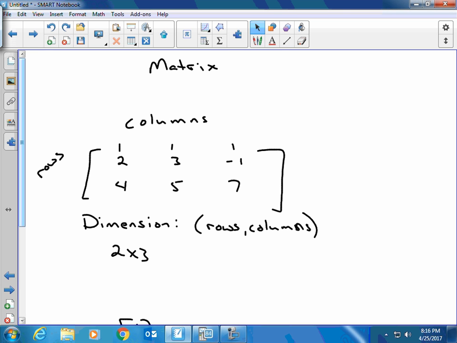A matrix is simply a way of storing information that I can use to solve some other problem. A matrix is similar to a spreadsheet in that it has rows and columns, and a spreadsheet stores data. You can make equations out of spreadsheets and so on.